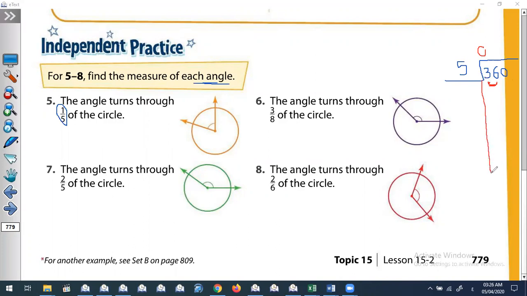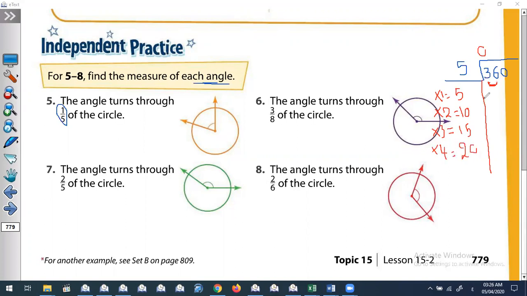So search about 36 in table 5. 5 times 1 equals 5. Okay, it's smaller. Times 2 equals 10. Yes, smaller than 36. Times 3 equals 15. Also smaller than 36. Times 4 equals 20.